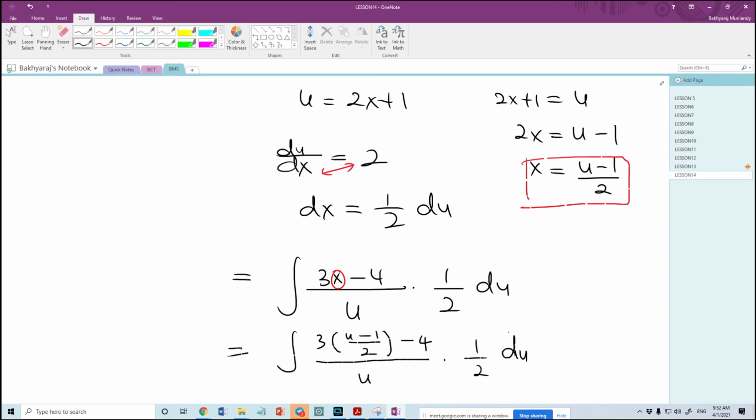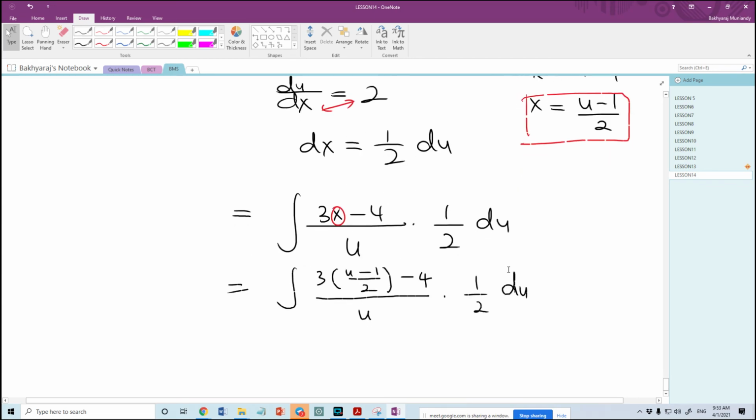But it's actually an easy question. Only thing is a lot of manipulation. It's easy actually. Only thing there are so many fractions there.